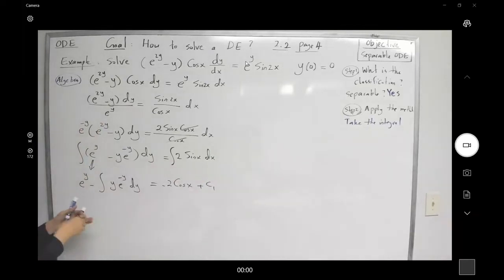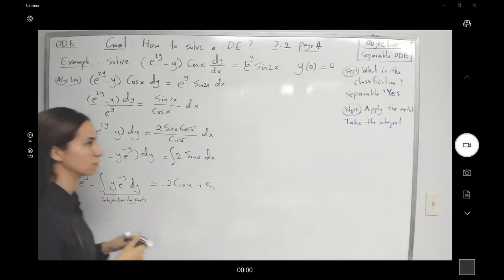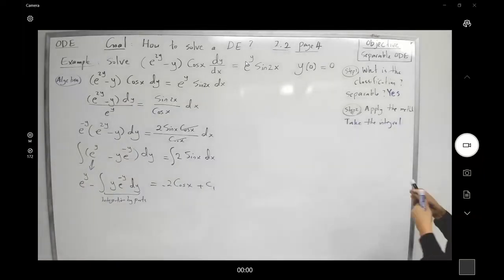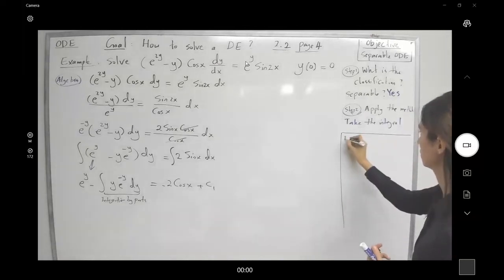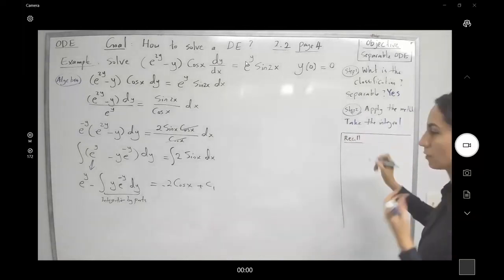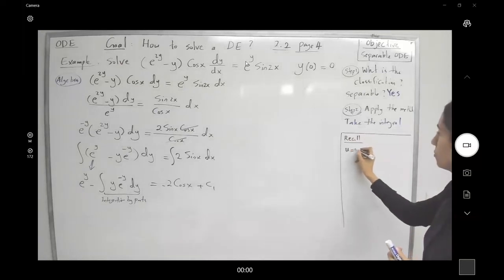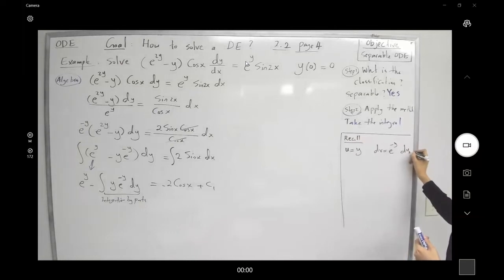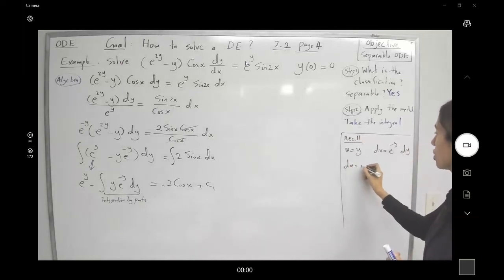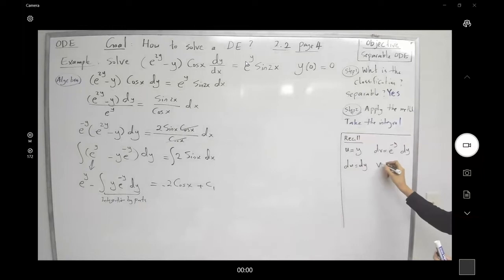Very well. So integration by parts. Recall, if you take u to be y and dv to be e to negative y dy, then du is just dy, and then v is equal to negative e to negative y.